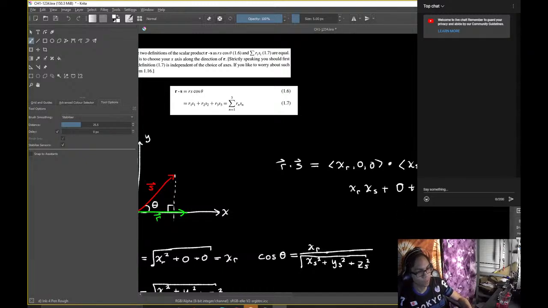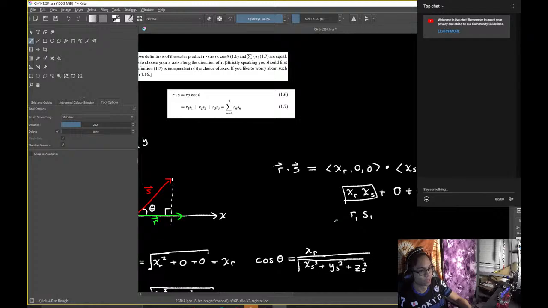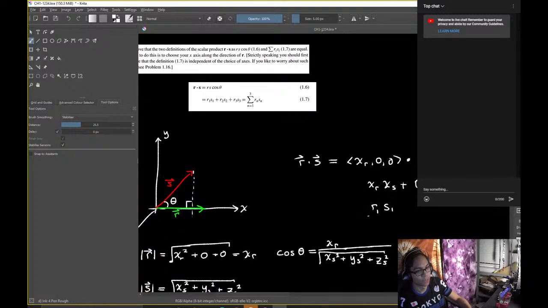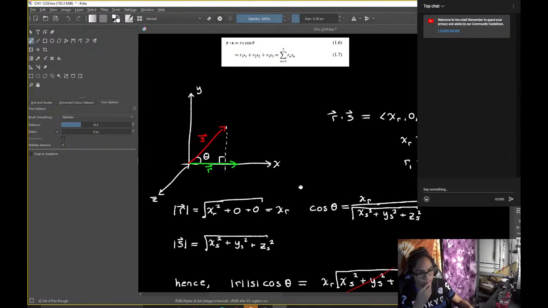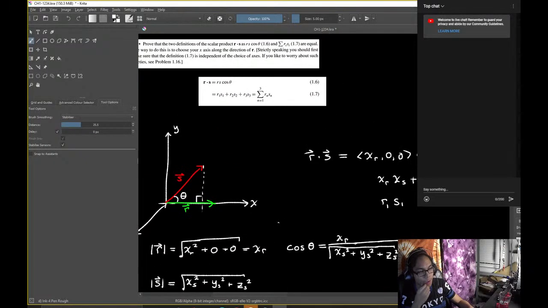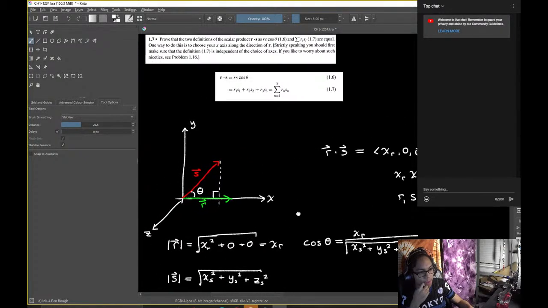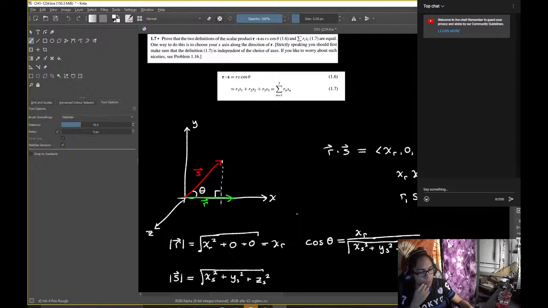And it makes sense. Look at that. This one is basically saying R1, S1. I got this notation. I should have done this notation more. But okay, so that's R1, S1. How would you do the rest though?